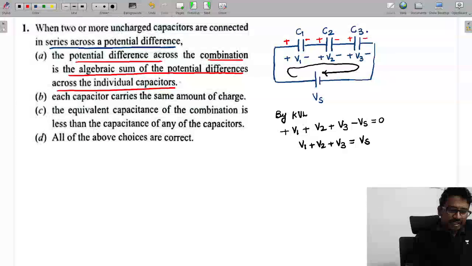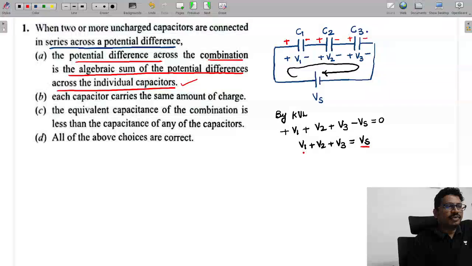So that is correct. Right, so option A is correct.